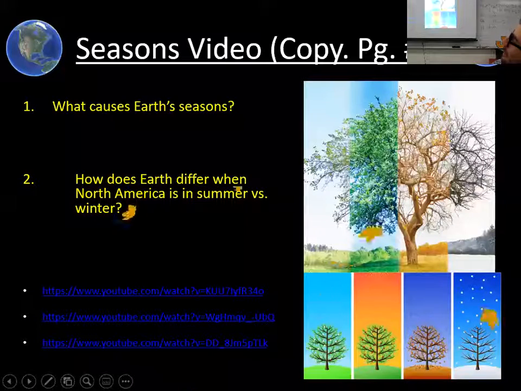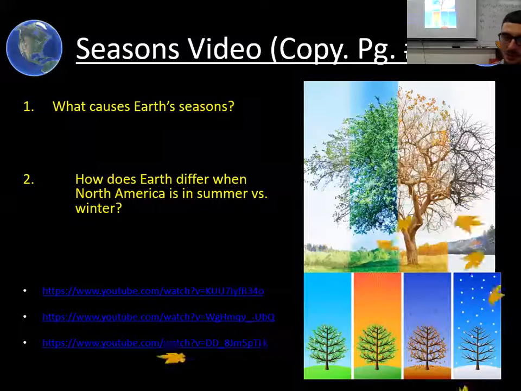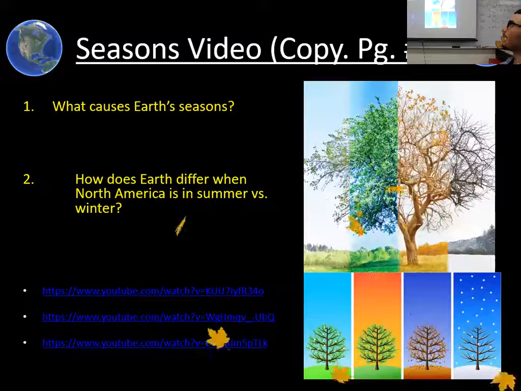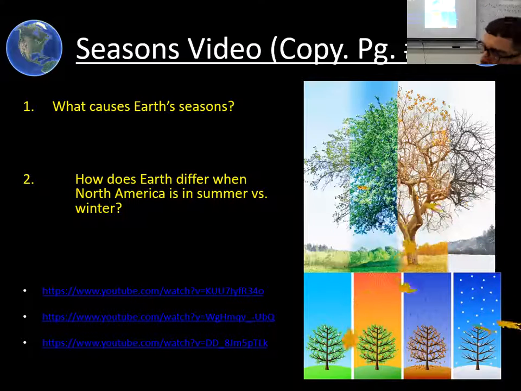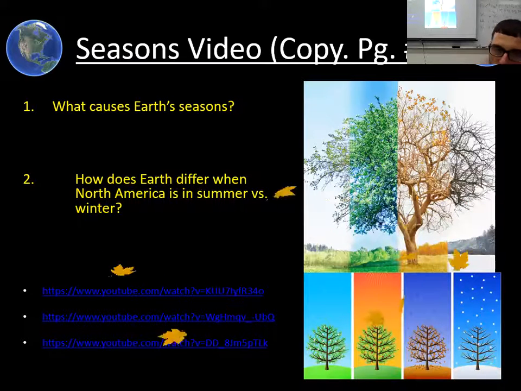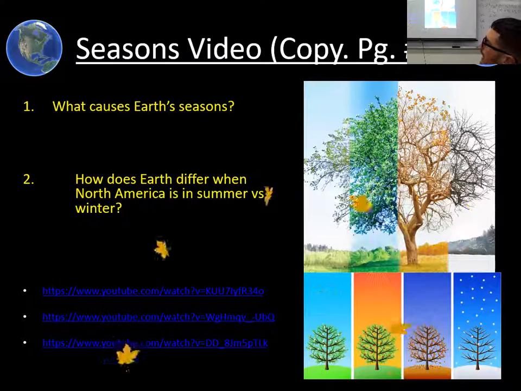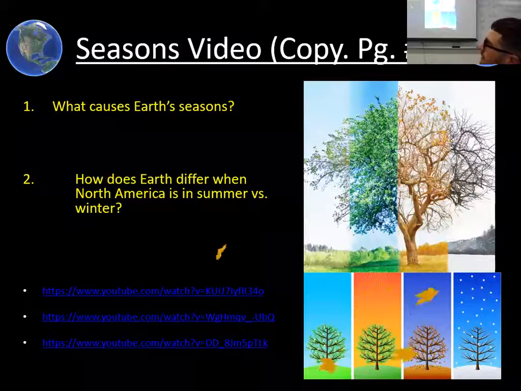Hold on. We've got 2 video questions. My apologies. Number 1 on page 2 below your Go Blue, I want you to write down what causes the seasons. Why do we get winter, fall, spring, and summer? And number 2, how does Earth differ when North America is in summer versus winter?